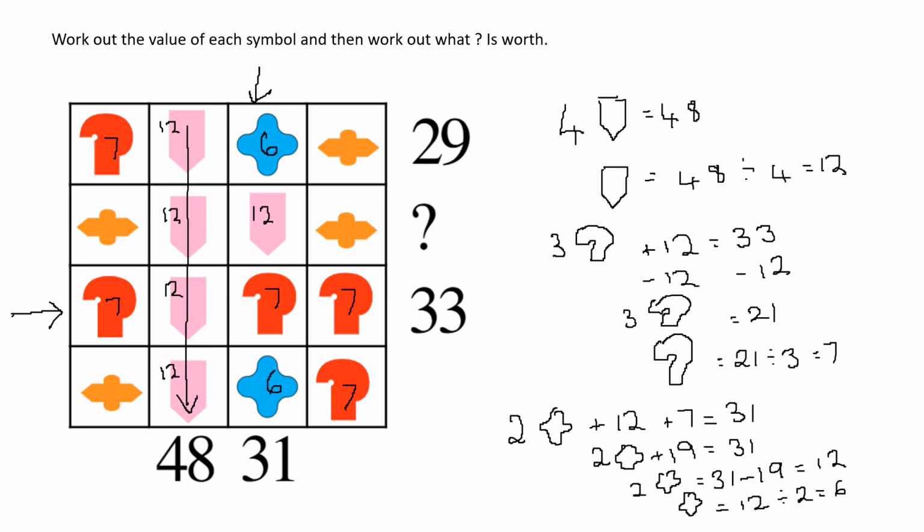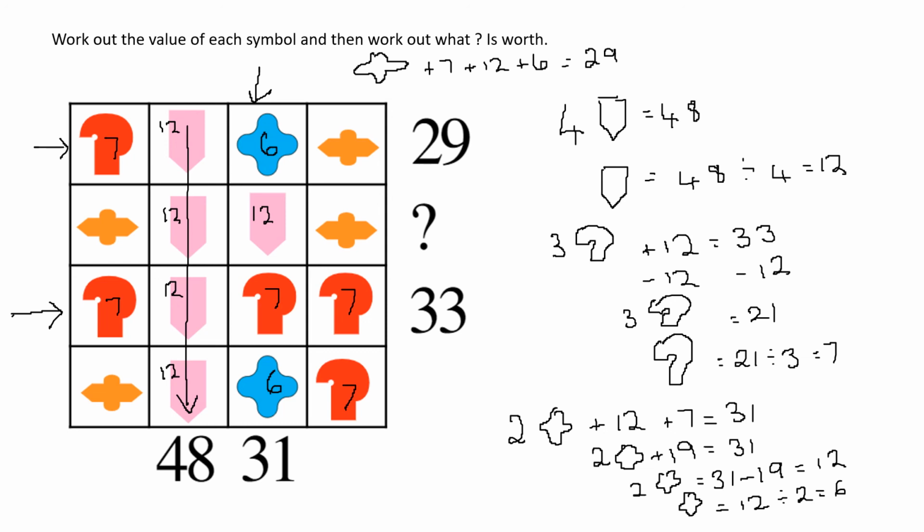Now, if I have a look across here, that whole row is worth 29. So I now need to work out what this little sort of bee-shaped thing is worth, the little orange shape. So that, add 7, add 12, add 6 is equal to 29. So let's add my numbers up. 7 add 12 is 19. 19 add 6 is 25.